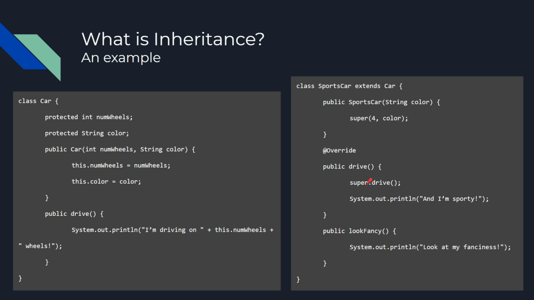In this way, we can take the behavior that the superclass already does, and we can add more. Questions about super? Or you can also just tell me it doesn't make sense. Can you try that again? Okay, cool.